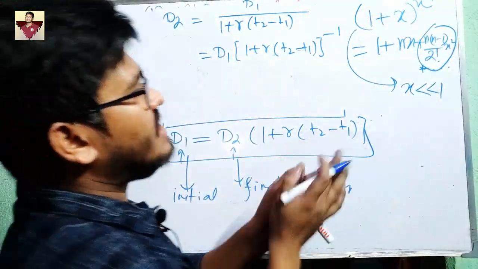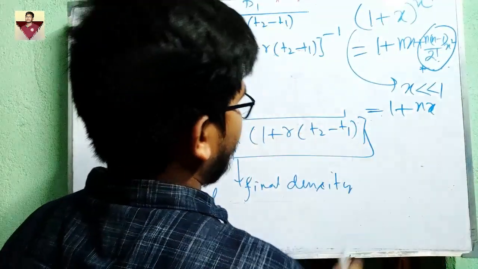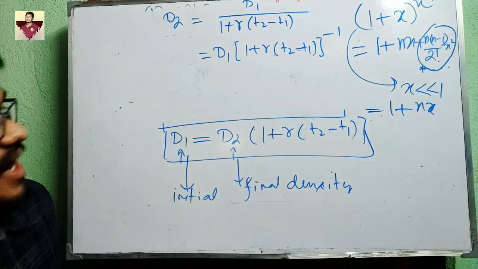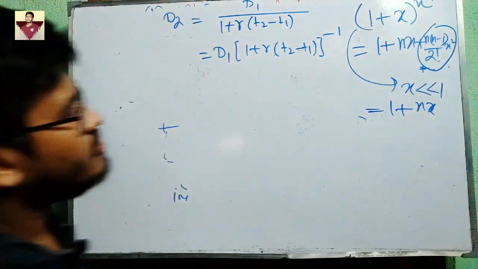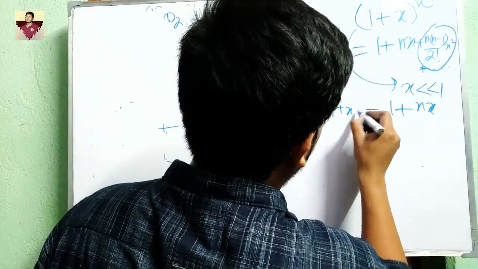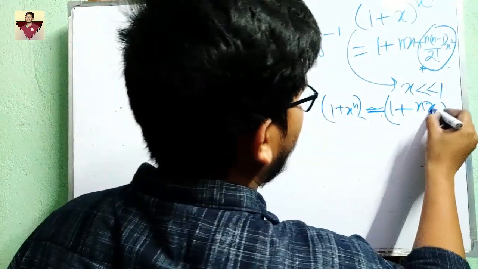So I am taking only the two significant terms, 1 and n x. So I can write (1 plus x) to the power n nearly equal to 1 plus n x. This nearly equal to is important.